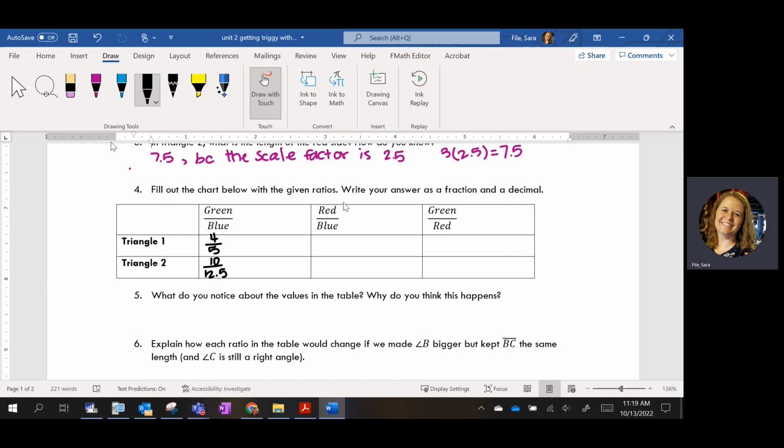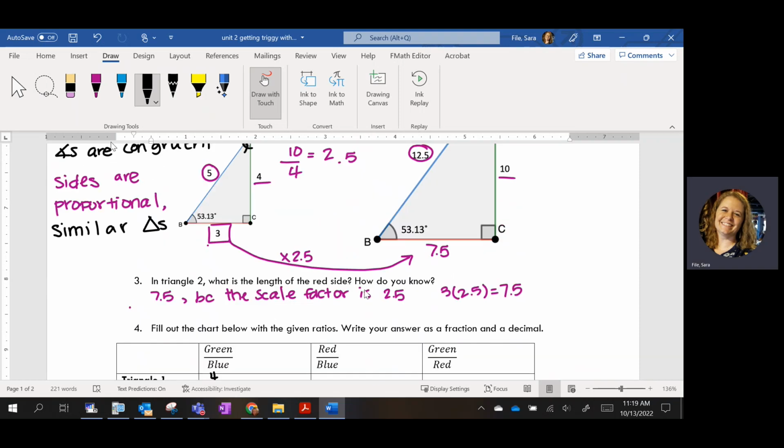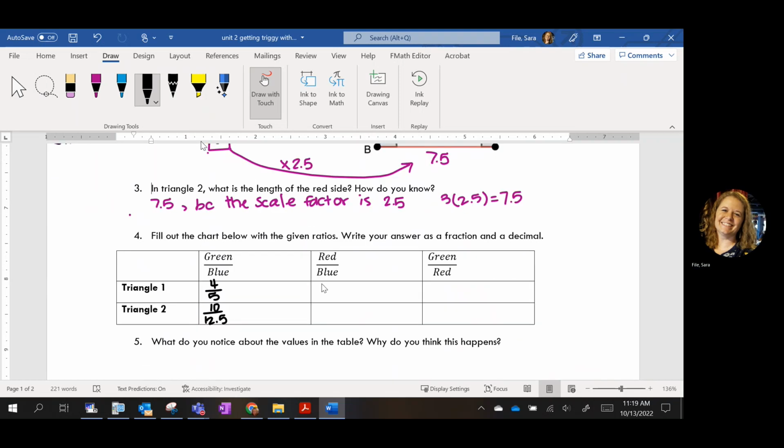Okay, the red to blue ratio in the small triangle, triangle 1, is 3 to 5. And in the big one, that was 7.5 to 12.5.